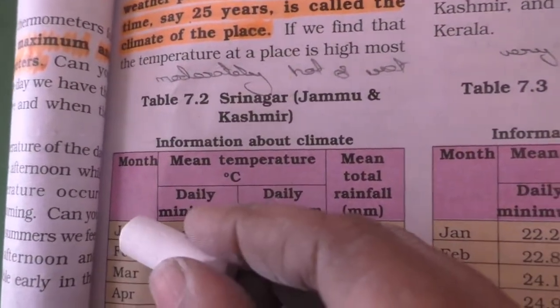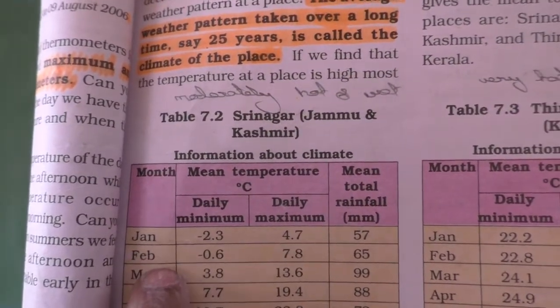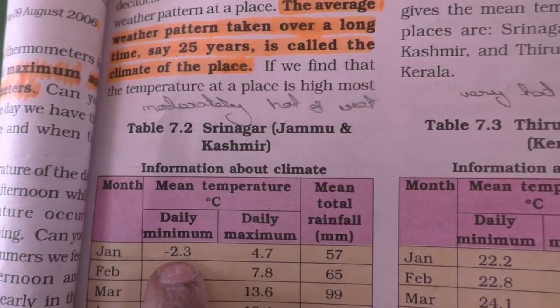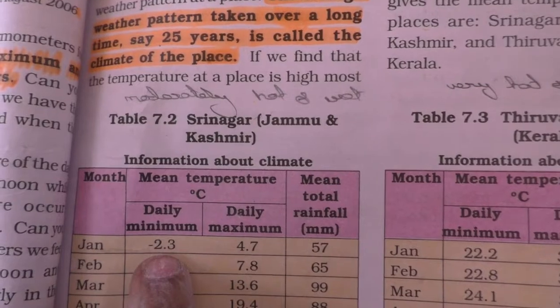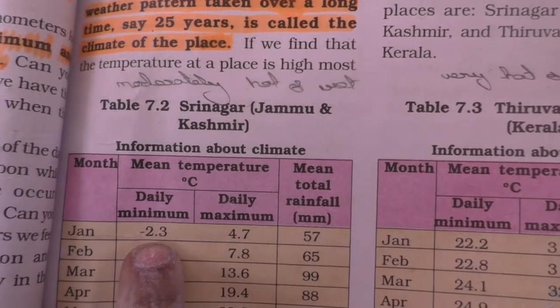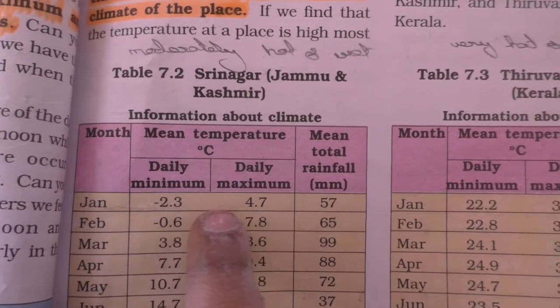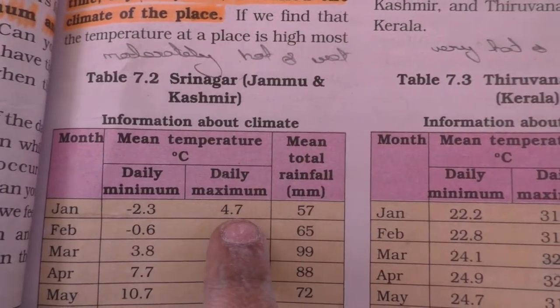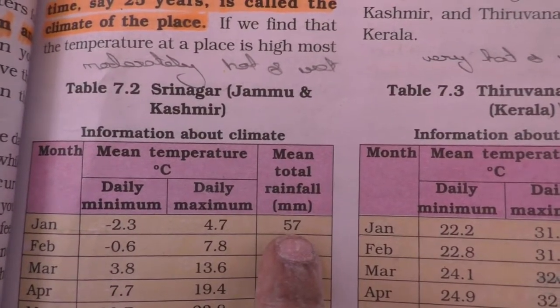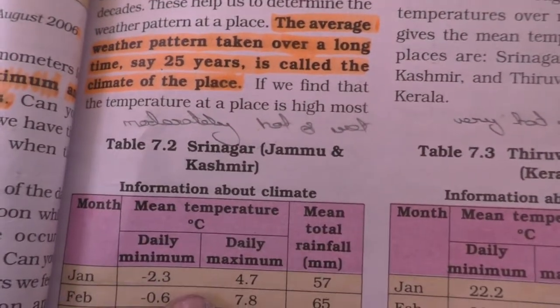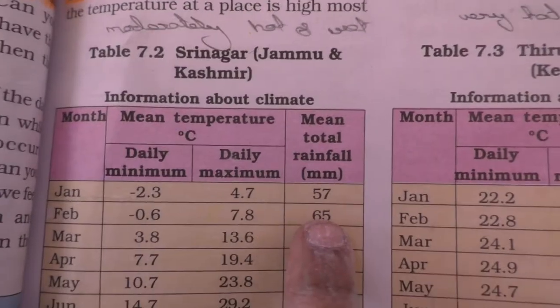See, but here they given month, January, February, month name only, but here they given average daily temperature. How would they have taken this? See, for a month they have given a temperature, maximum temperature and minimum temperature, and the rainfall in millimeters. See how it is possible, how they calculated this.